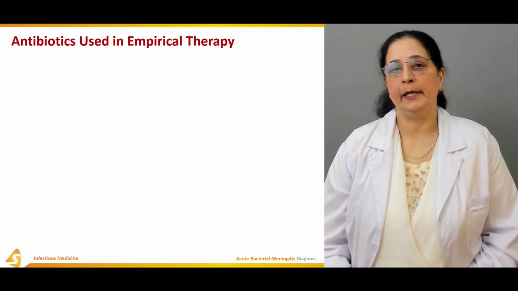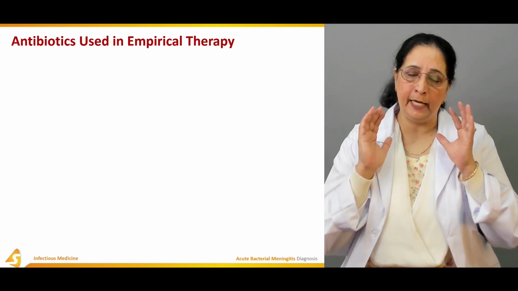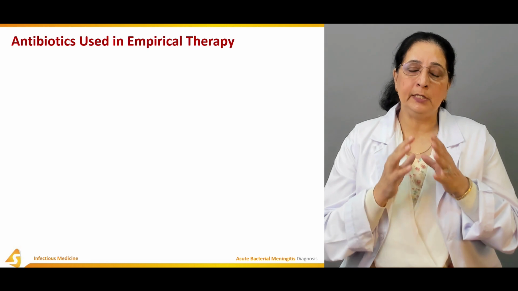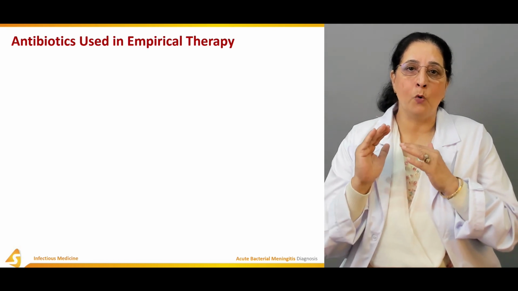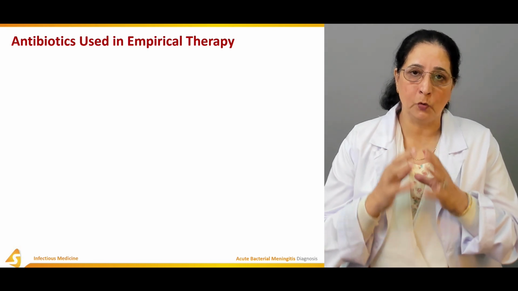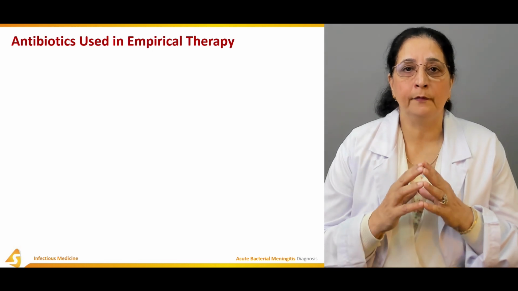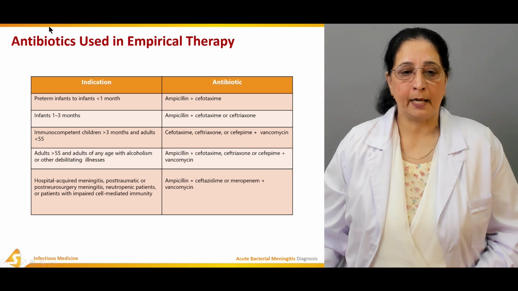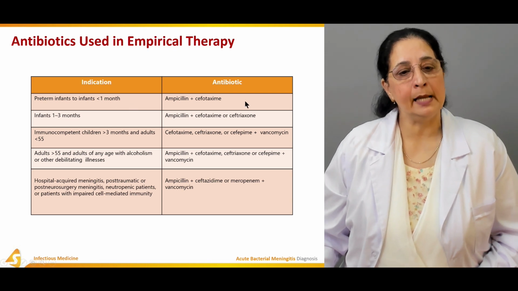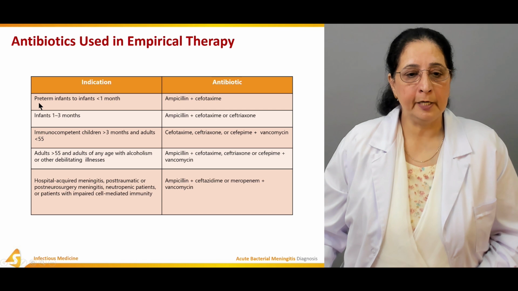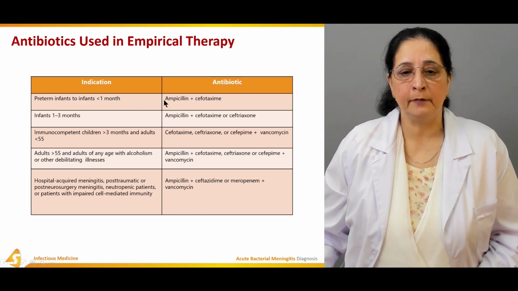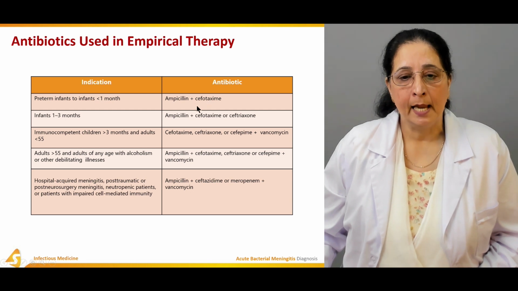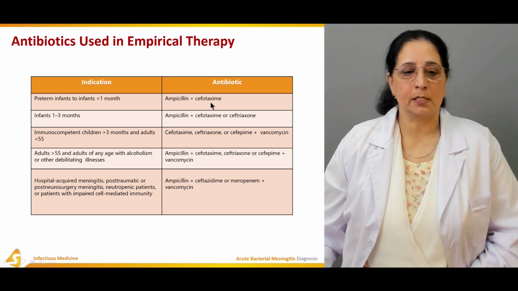Antibiotics used in empirical therapy. Now the aim is usually to use the antibiotic that is most effective against the most common causative organism. So we have indications and antibiotics. Preterm infants to infants less than 1 month, we use ampicillin and cefotaxime.